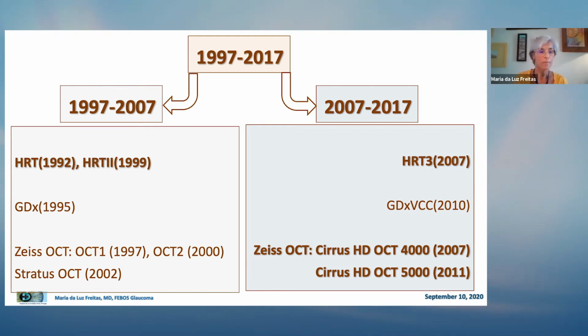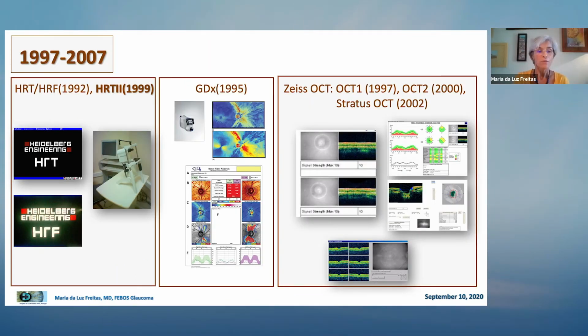In the following decade, HRT3 and Cirrus HD OCT were my choice. The reason for this is that GDx does not allow evaluation of the optic disc, and the Stratus OCT was designed essentially for retinal pathology.